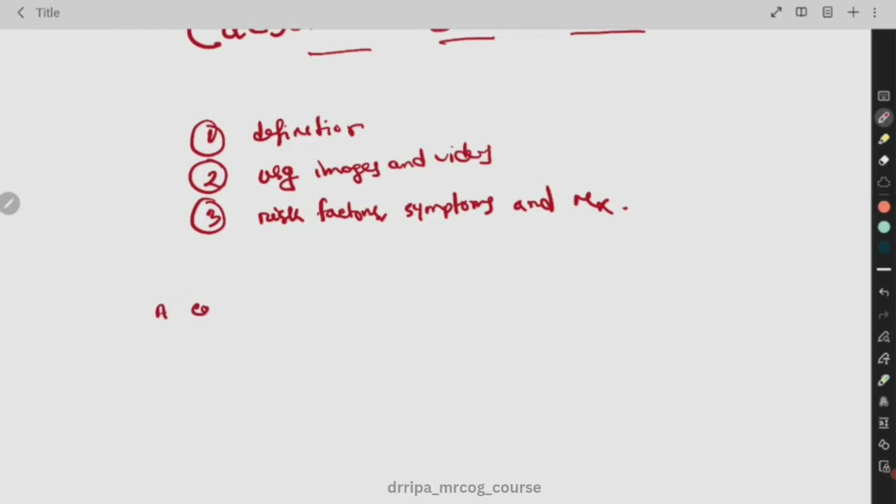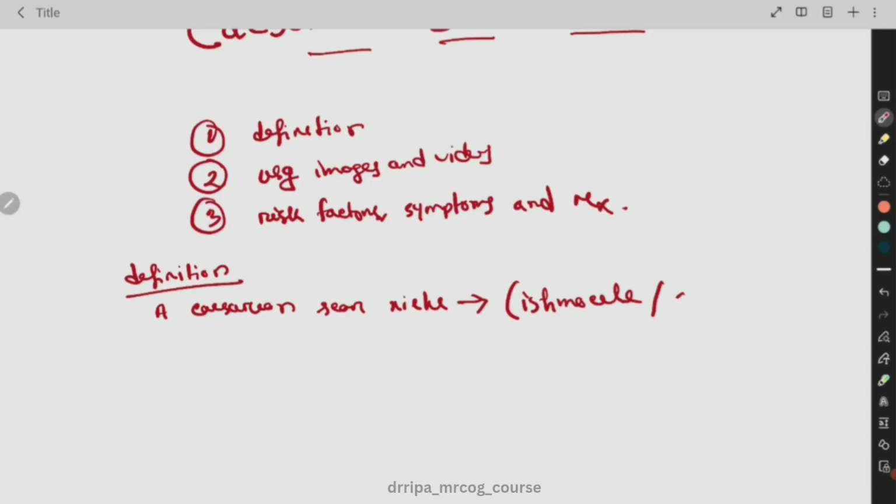A Caesarean scar niche, sometimes also called an isthmocele or a scar diverticulum.